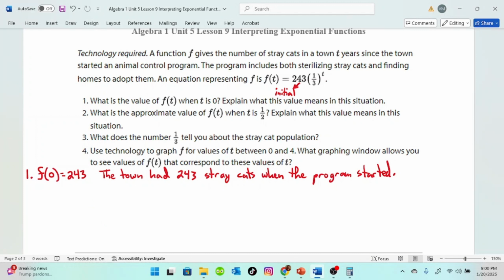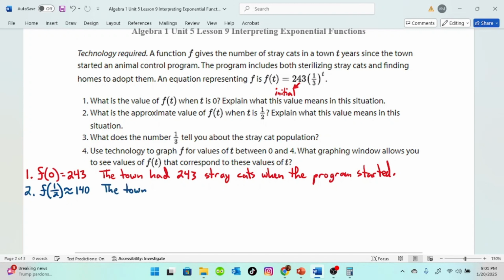So for number 2, f of 1/2 is approximately, that's what these little wavy lines that look like an equal sign mean, 140.